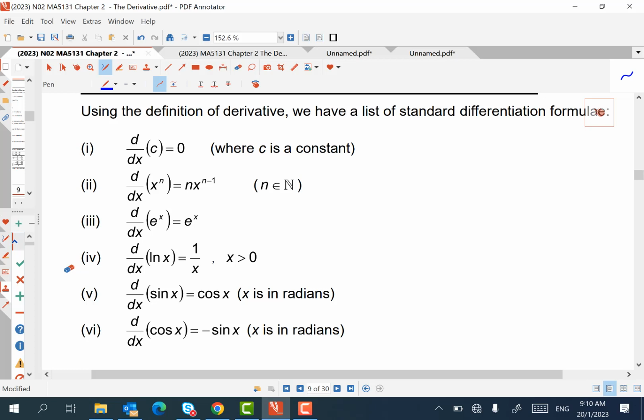Okay, now to test you out, hierarchy, right? What is the differentiation of secant x? Brilliant. What is the differentiation of cosecant x?